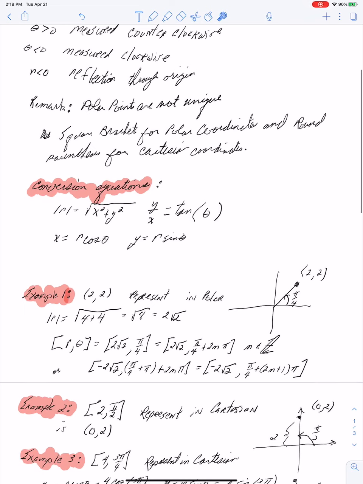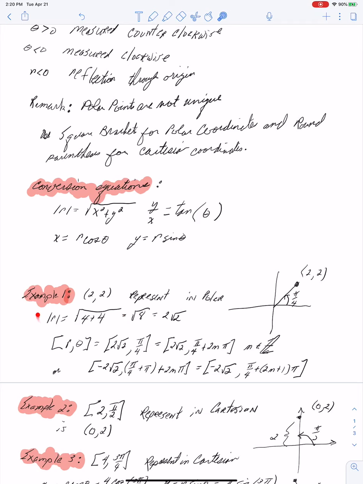All right, so let's look at a particular example. How do we represent 2 comma 2? That's Cartesian, remember, round parentheses Cartesian, in polar. Well, there's 2, 2. I draw this little line right here from there out. What's that distance? The square root of 4 add 4, the square root of 8, or 2 square roots of 2.